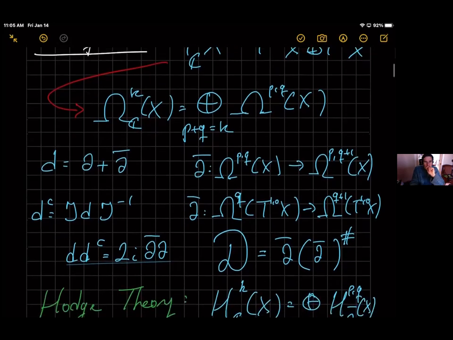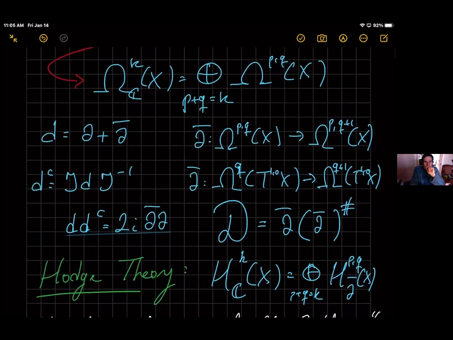So the complex k-forms split into what we call (p,q)-forms, where we have p holomorphic pieces and q anti-holomorphic pieces. And another consequence is that we get a few different differential operators that will be pertinent for our discussion.